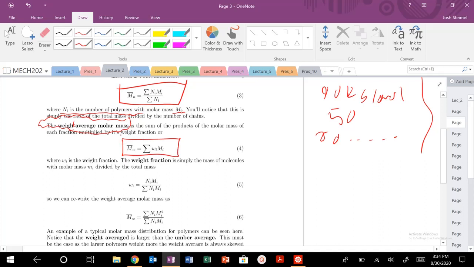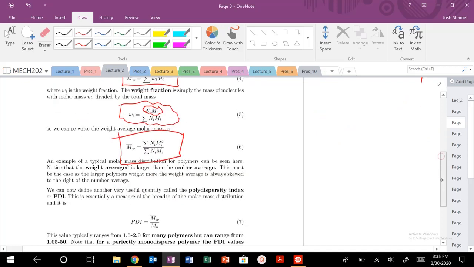The weight of the polymer chain matters here. The weighted average takes the number N sub i of polymer chains of a specific molecular mass M sub i, and we divide that by the total mass. So you could rewrite the equation like so.